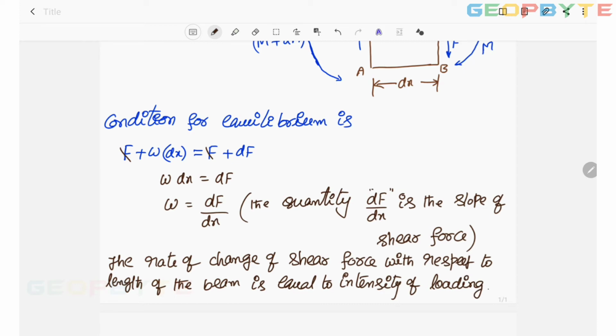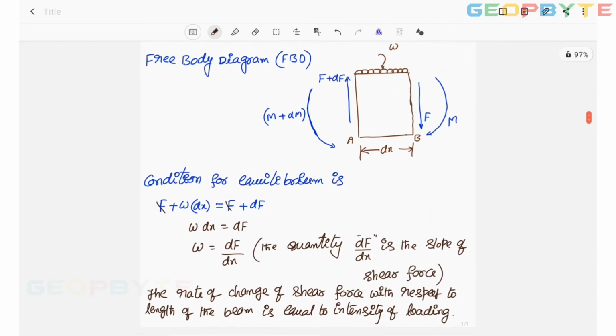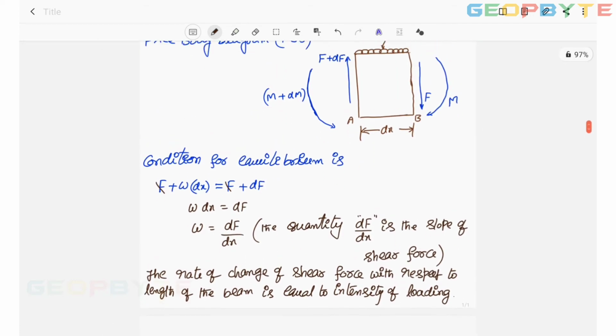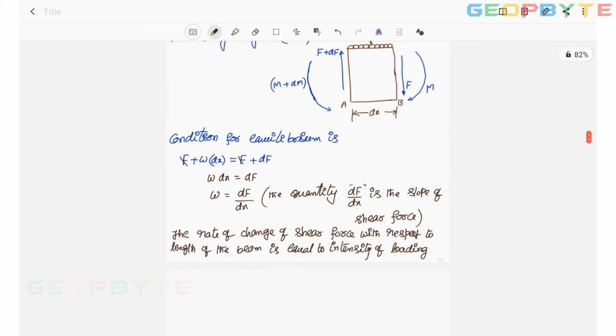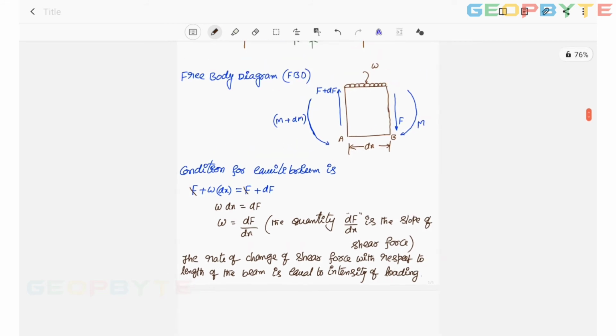Now come to the bending moments. Let us take the moments about A. Taking the moments about A, you can also take about B, it's not a problem.